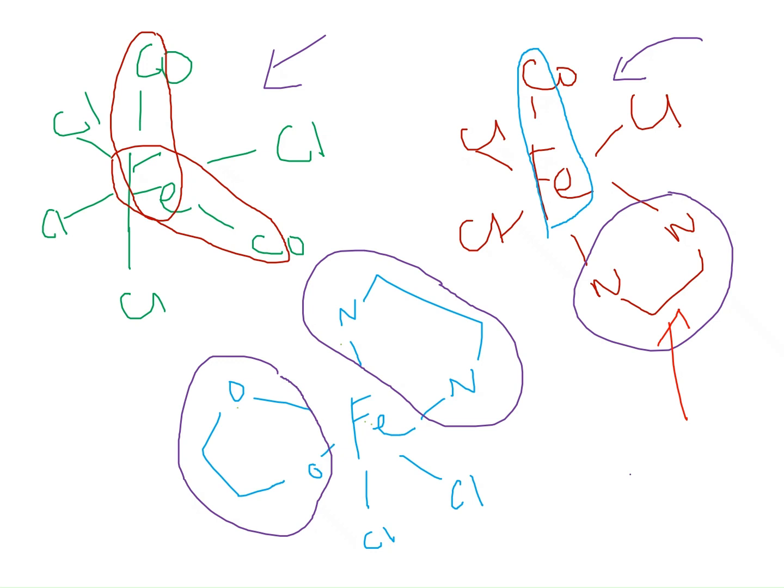There are 2 chelation sites, where iron coordinates to both atoms of the same ligand. This is called a bidentate. Dentate is derived from denticity, which means the number of coordination sites.